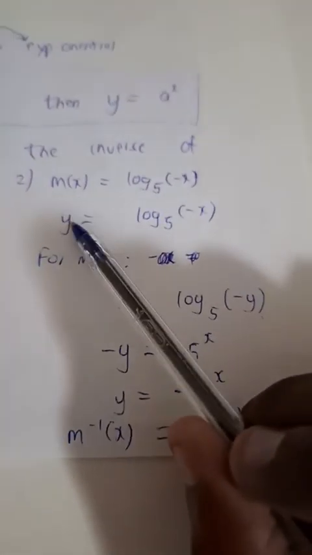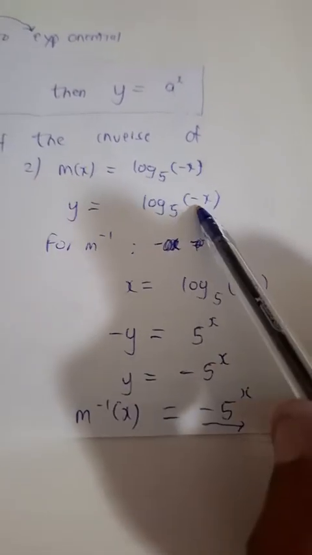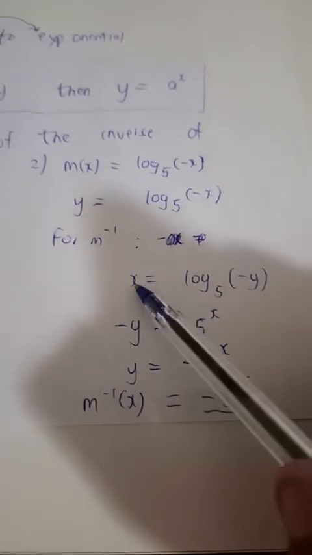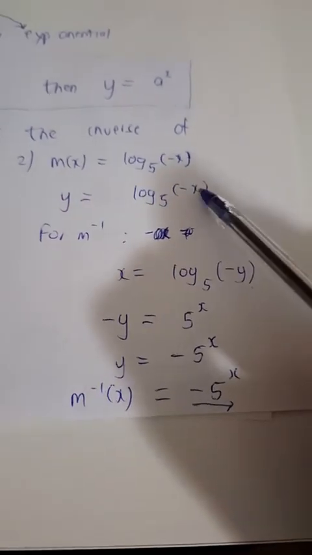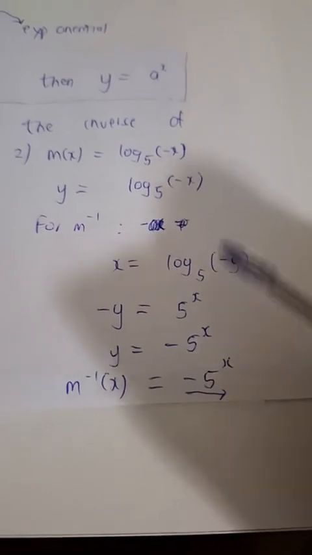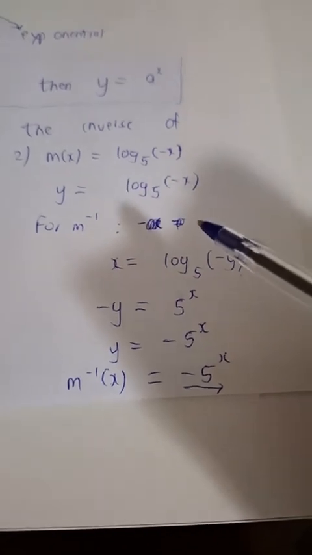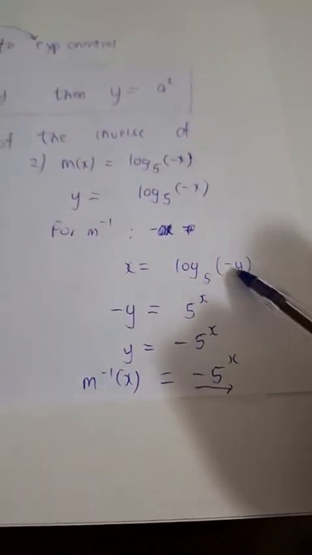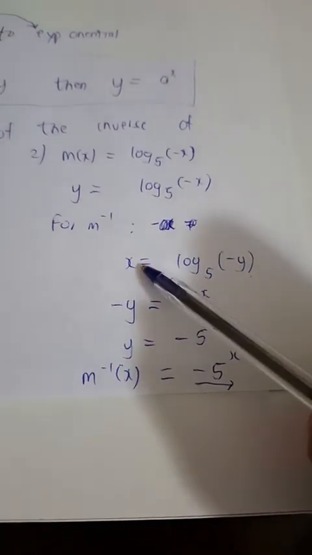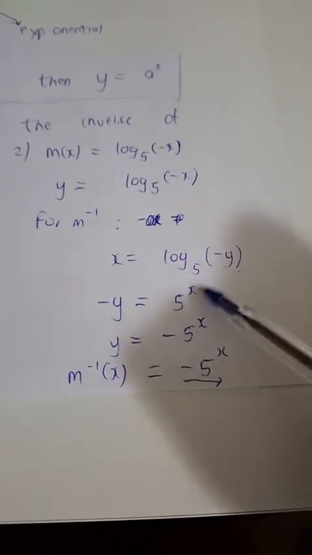So like I said, you write this in terms of y and x. 2, for the inverse, we swap. Y becomes x, x becomes y. Still, the sign is still there, negative. Nothing really changes. We're just swapping the variables, that's all. 2, next step, we then make y the subject. How? Remember I said the 5 goes and kicks the x, becomes 5 to the power x.